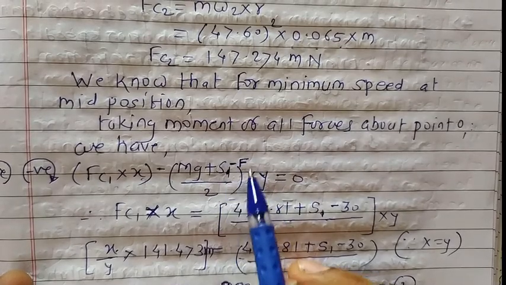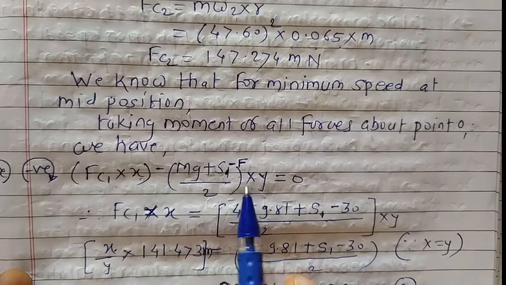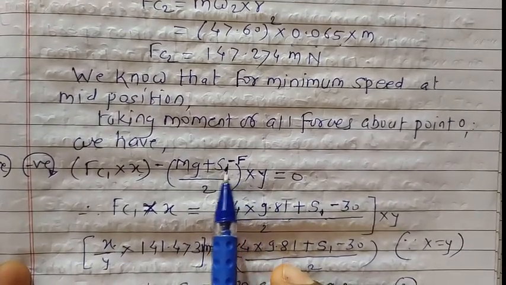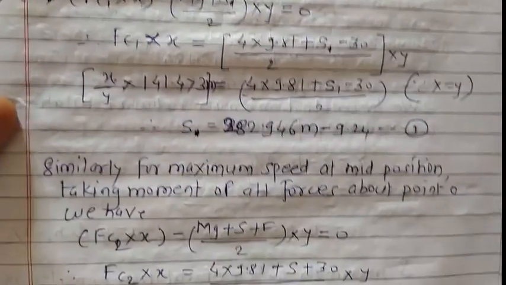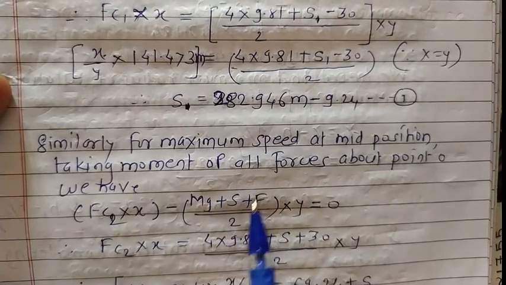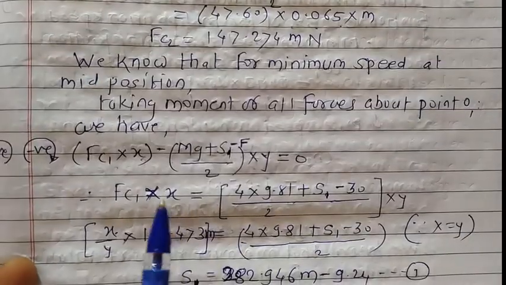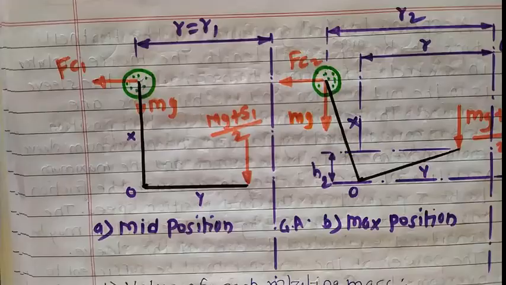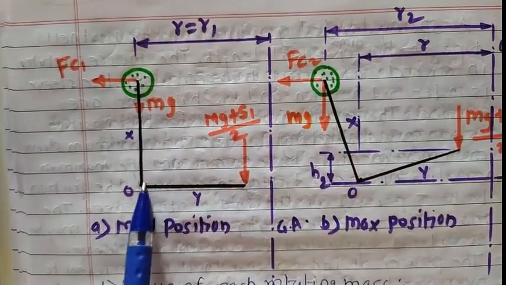Why is this minus sign given? Because it corresponds to the minimum speed, so the negative sign should be given, and for the maximum speed you just consider the plus sign. This relation is developed by considering the mid position. So you have to take the moment of these forces about this point.